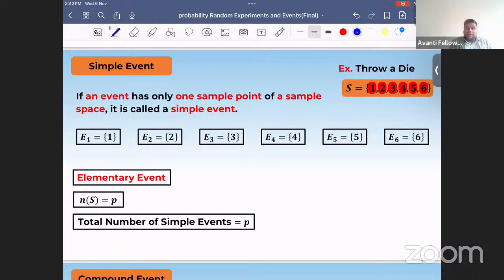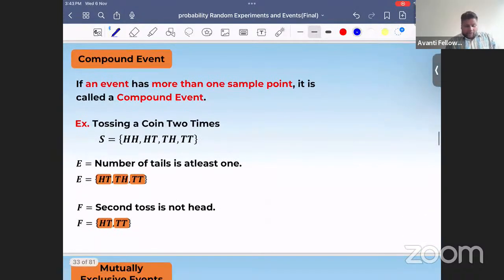So there are 6 elementary events. If there are P number of elements in the sample space, then there will be a total of P simple events. Got it?